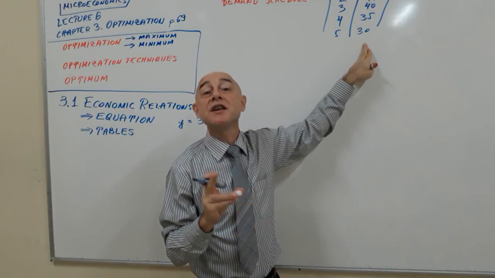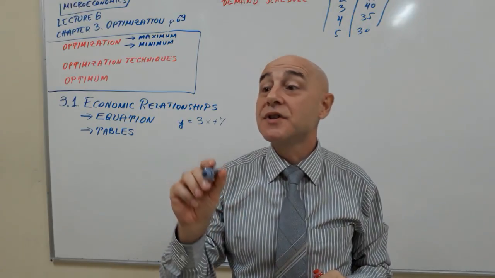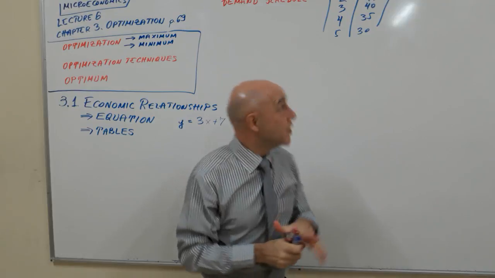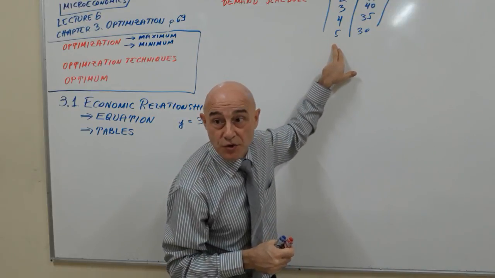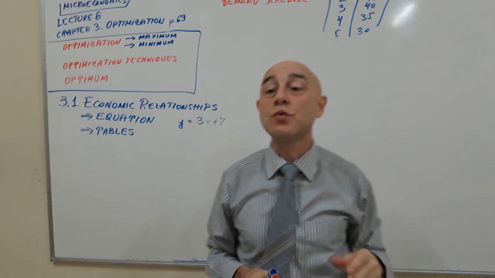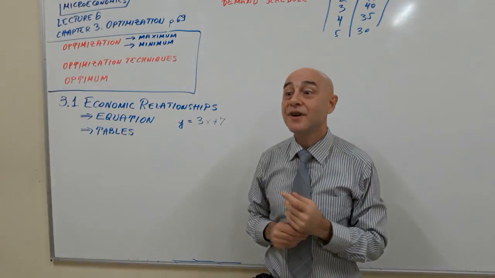The quantity demanded decreases. How did we call this relationship, which says that when the price increases, the quantity demanded decreases? How did we call it? Law of demand.